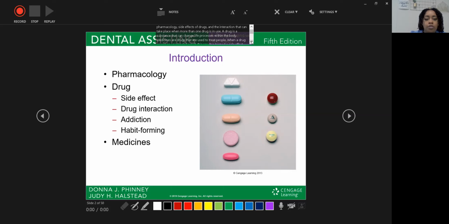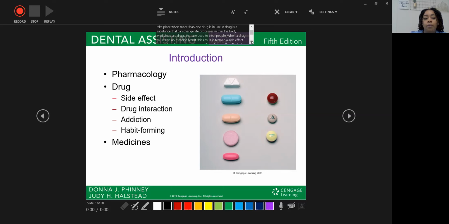All right. So, for example, medicines are drugs that are used to treat people. When a drug causes an unintended result, the result may turn into a side effect.